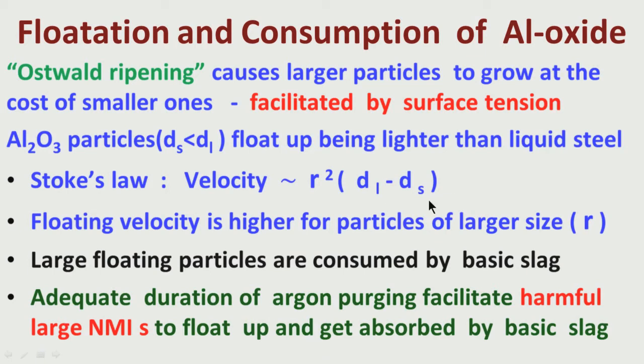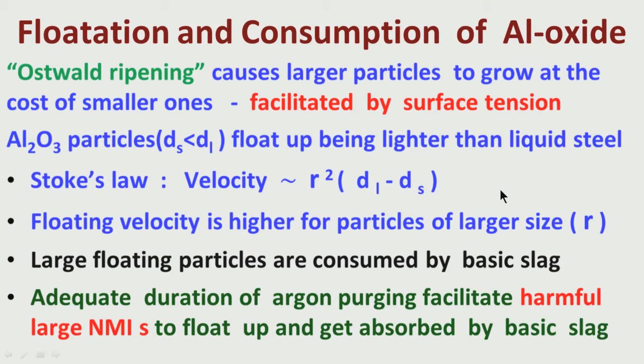That means, the lighter the particles, the more the velocity, and the bigger the particles, because it depends on R square, the velocity increases very much. That means the larger particles will have more velocity, so they will float faster.